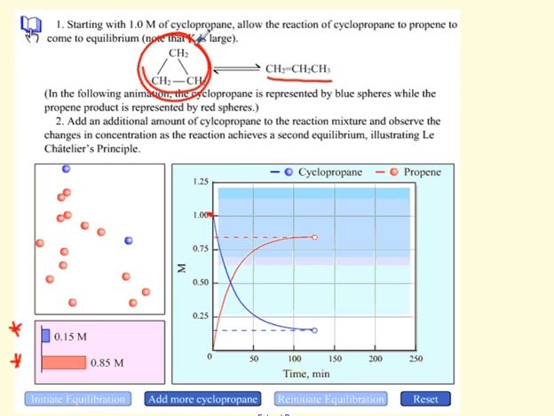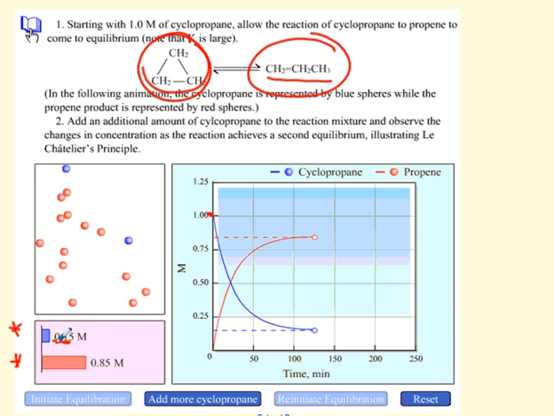So for every 1 cyclopropane that disappears, you get 1 propene particle. So if the cyclopropane started at 1 molarity and ended here at equilibrium at 0.15 molarity, then it lost 0.85 molarity. That 0.85 was turned into the propene.